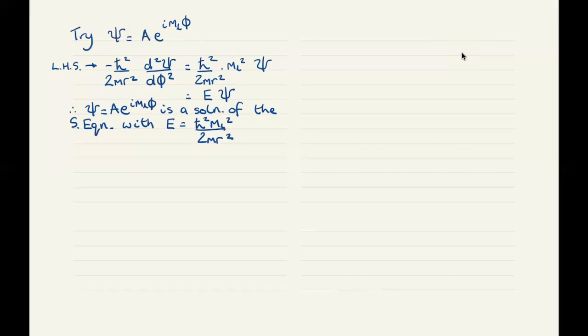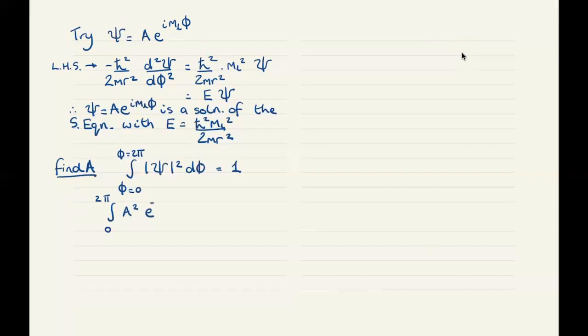We can find the constant A by applying the normalization condition that the integral from phi equal to 0 to phi equal to 2 pi of the square modulus of psi over all phi is equal to 1. And substituting for the square modulus of psi, that's the integral from 0 to 2 pi of A squared.